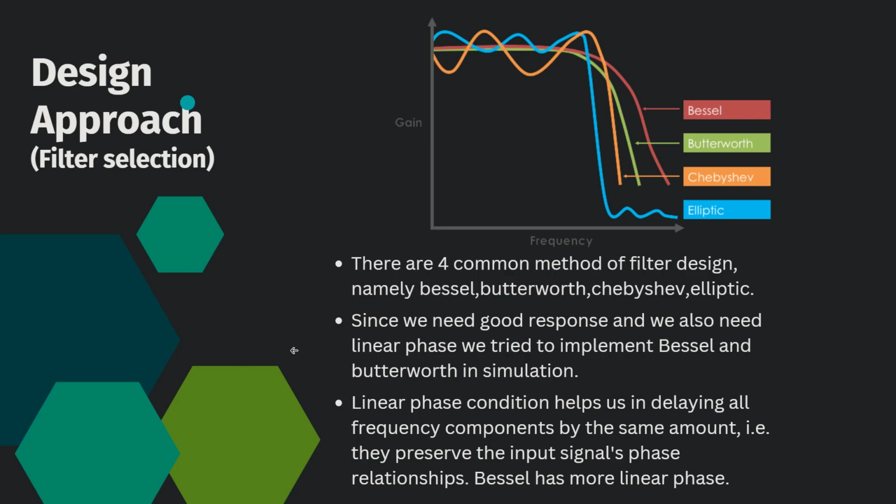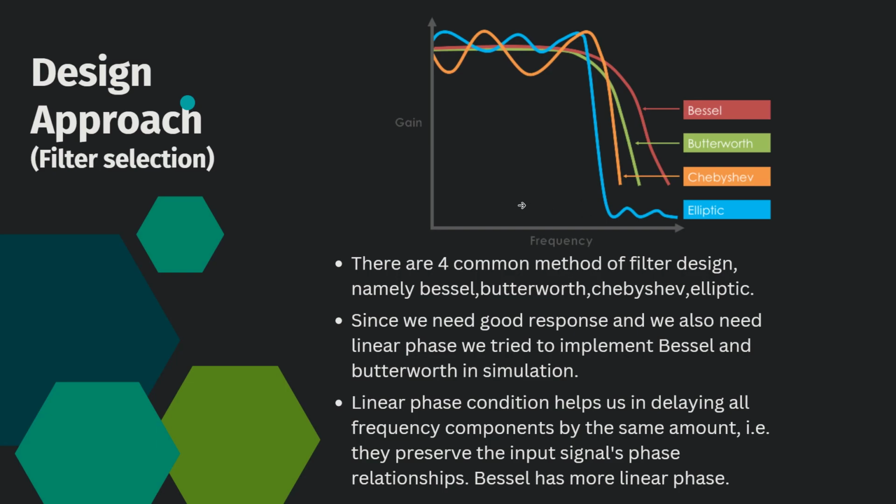Then we implemented the same circuit as the simulation of the Bessel bandpass filter on our breadboard firstly. When we implemented our hardware, at -3 dB we got 97.3 Hz, which was not 100 Hz, but it was pretty close to it.